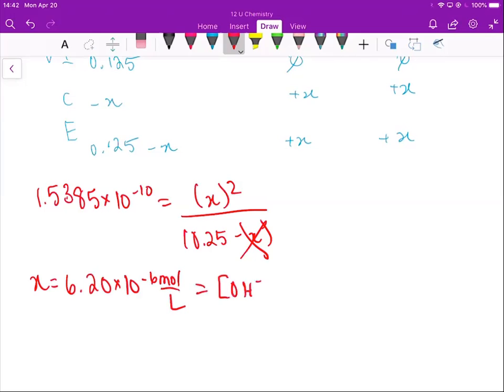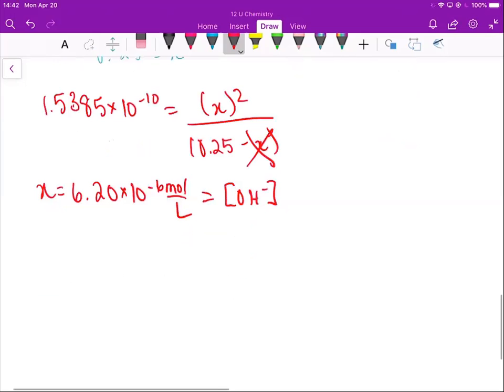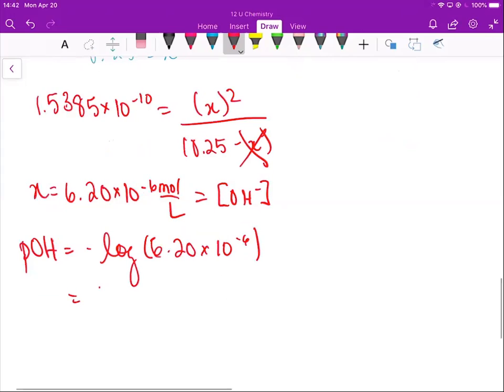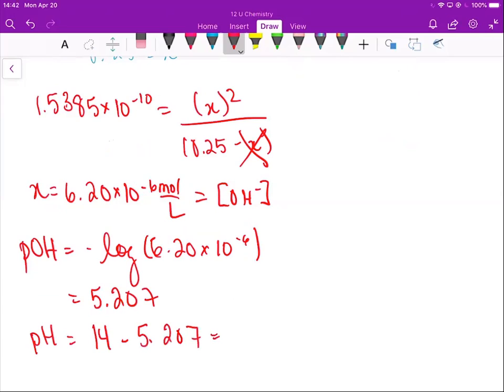So the first thing I'm going to do is find the pOH, which is the negative log of 6.20 times 10 to the minus 6, negative log of the answer, and I get 5.207, and pH is 14 minus 5.207, and I get 8.7925.